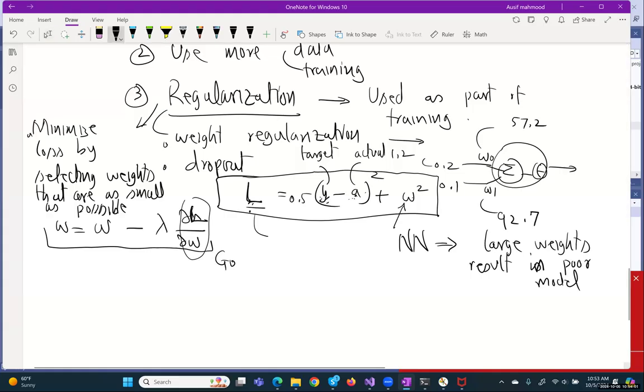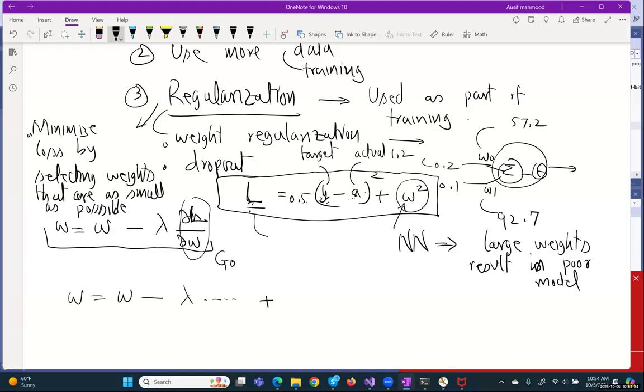So let's go and compute this partial L over partial W. W equal to W minus lambda partial L over partial W. So we will do the derivative of this. Whatever that derivative is, what about this?